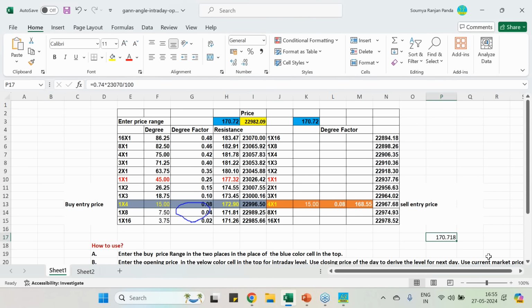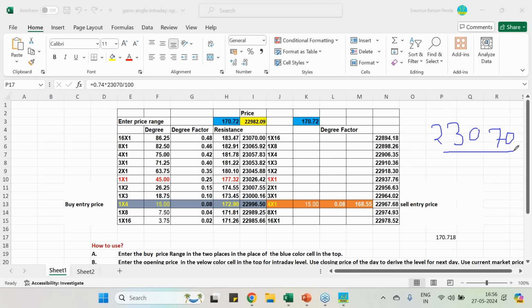So I'll take the opening of 23,070 multiplied by 0.74 divided by 100. That means it is telling me that today the market opened at 23,070, which is the opening price of the day on 27th May for Nifty futures.